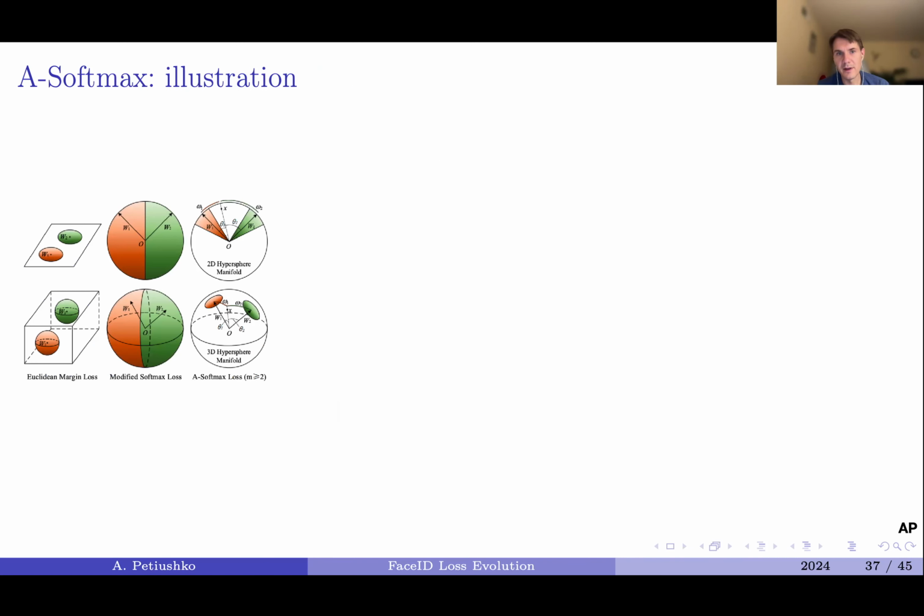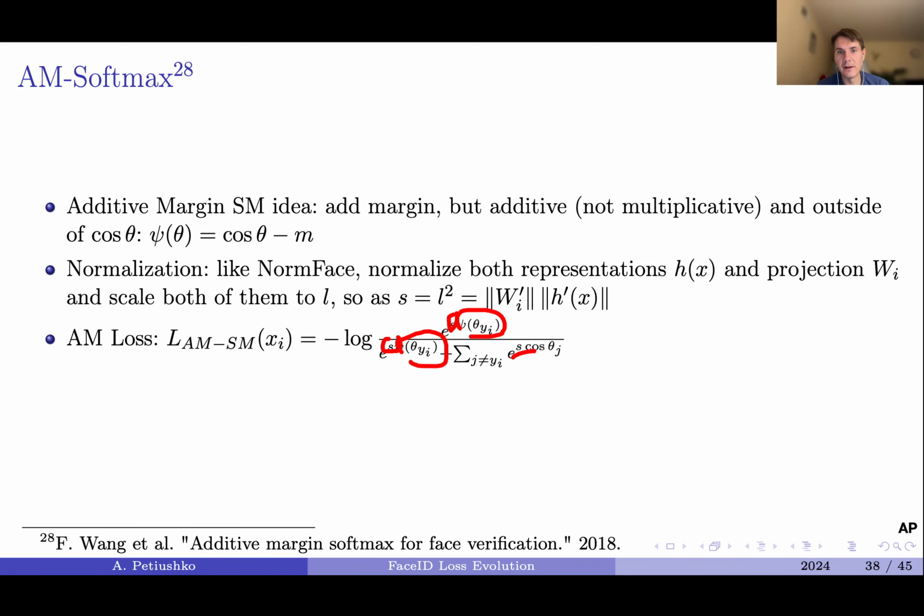They also use the same, but finally we don't need it. When we put this hyperparameter m outside of cosine, we don't need to move from cosine theta to cosine m theta.